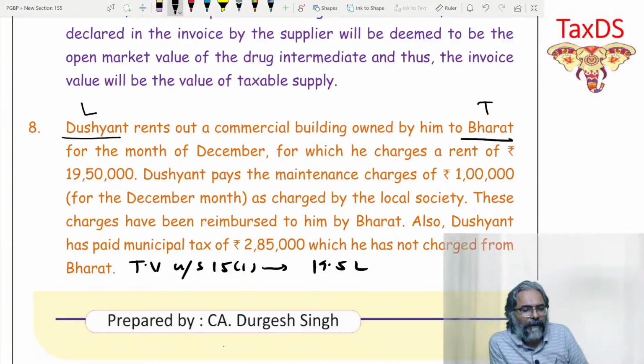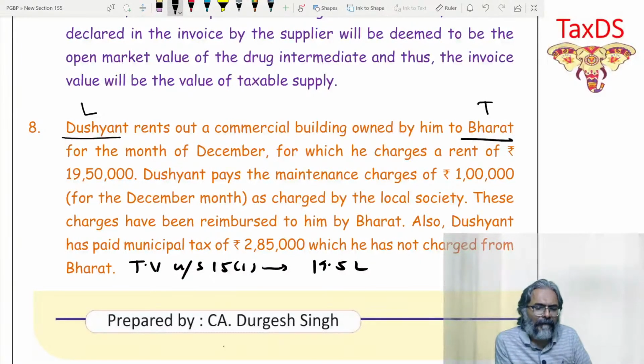Now see further. Dushyant pays the maintenance charges of rupees 1 lakh for the December month as charged by the local society. As charged by whom? By the local society. So Dushyant is paying, students, maintenance charges of rupees 1 lakh as charged by the local society.